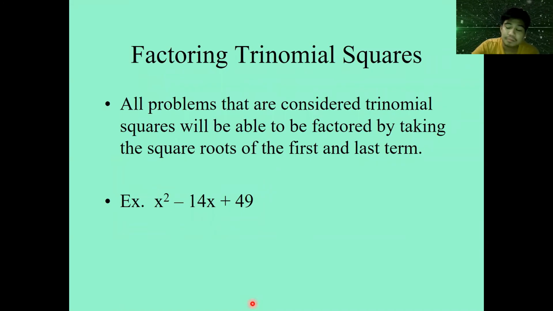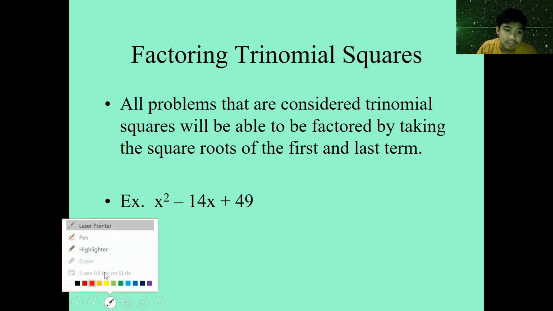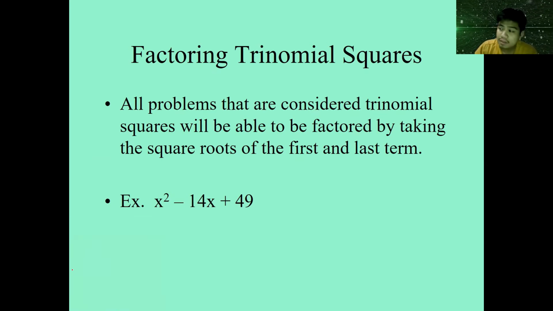Kasi dito sa example na to, yung first and last terms natin are perfect squares. Kasi ito, kapag i-square root natin to, we're going to get the square root of this, so makukuha natin x. And same as true with this, 7. And just to verify, if we multiply x tapos 7 times x, we have 7x.